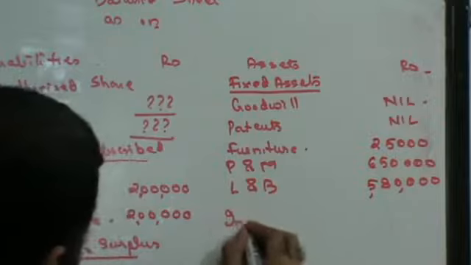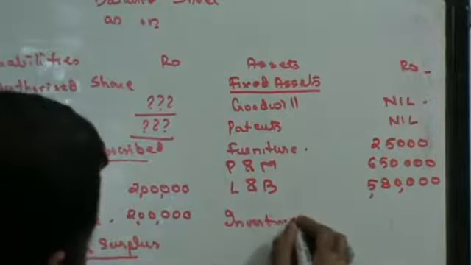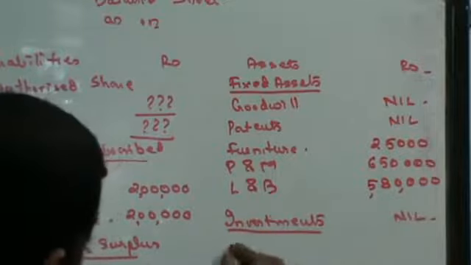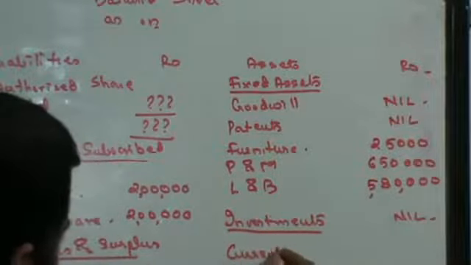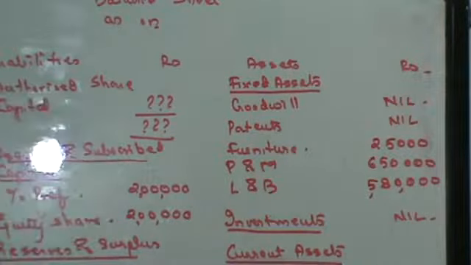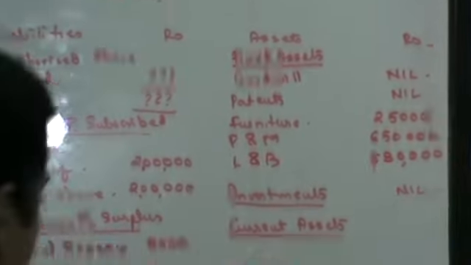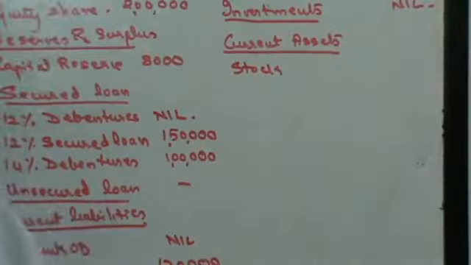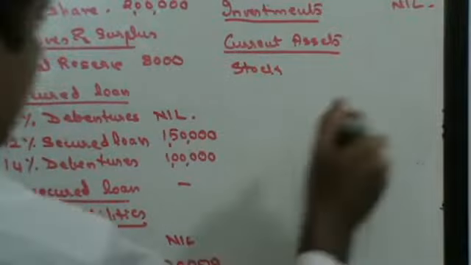Then you have investments. There are no investments in the sum. Then you have current assets. In current assets, you have stock. Stock is 80,000 and stock is 12, so 68,000.